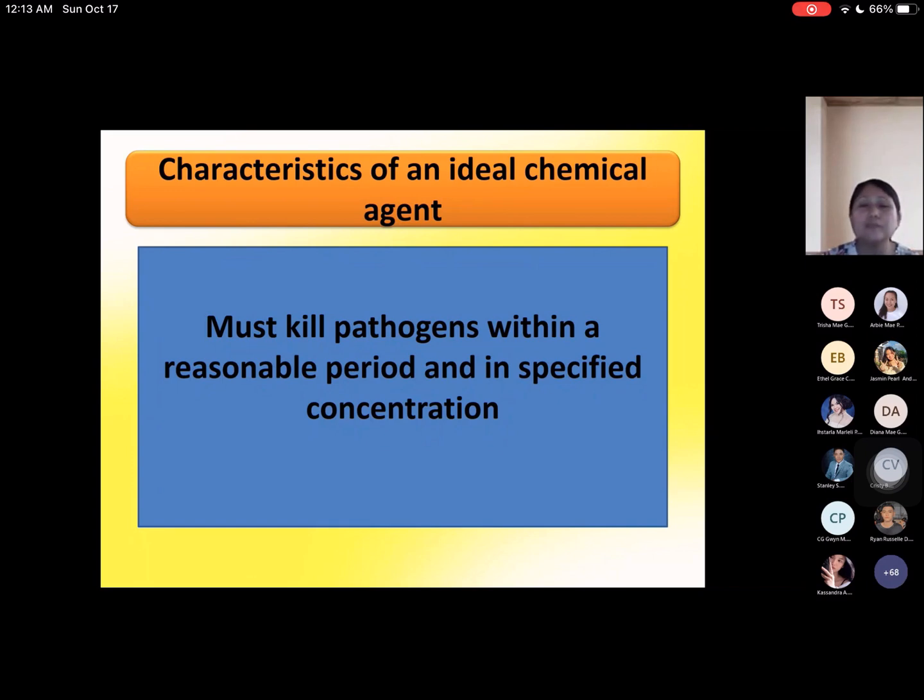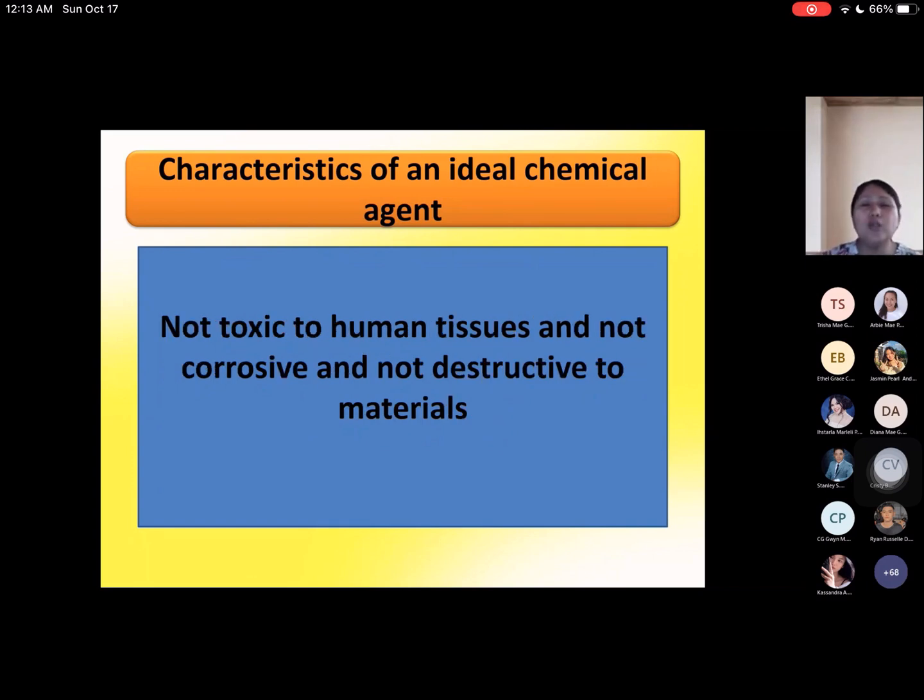It must be non-toxic to human tissues, and not corrosive and non-destructive to materials. So you need to choose and select chemical agents that are less irritating and less toxic to human tissues and not corrosive, which can be harmful to humans and consumers.